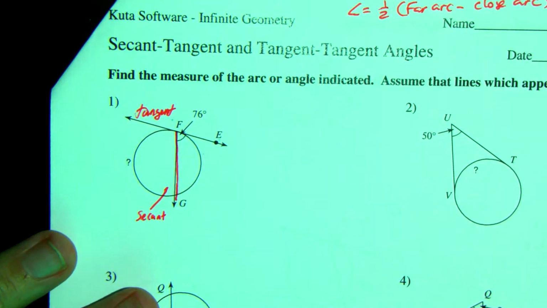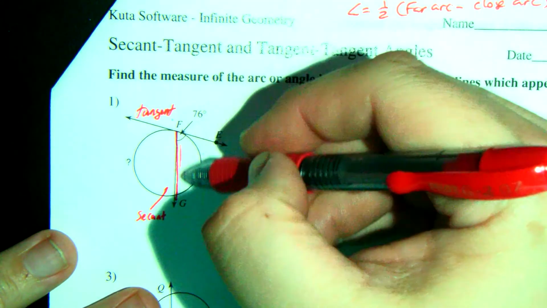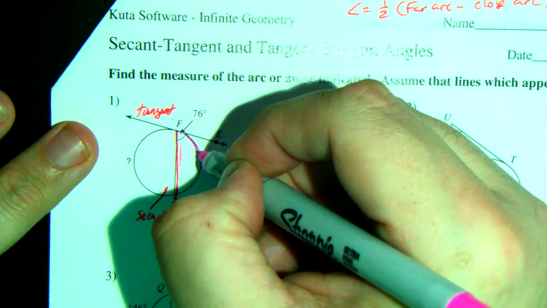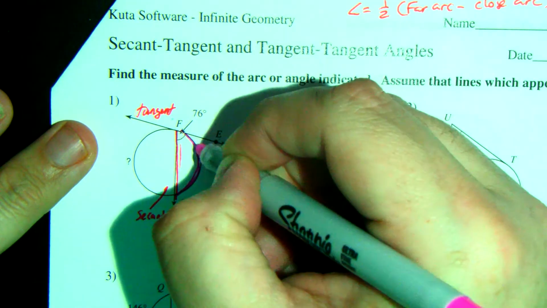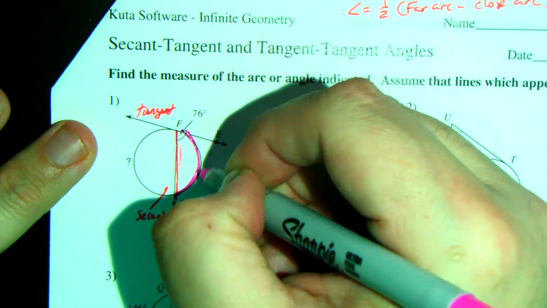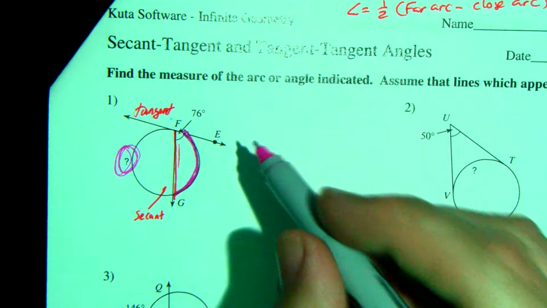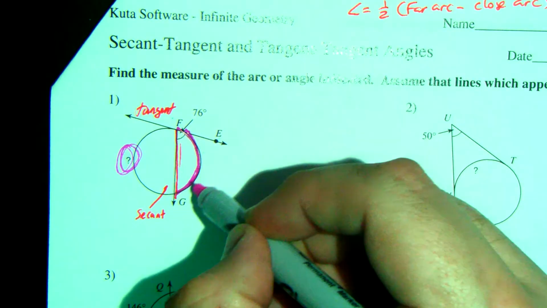Even though it looks like a chord, the arc that you actually are looking for is this arc right here. That's the arc that you're looking for. Now, this is what we want. But the arc that you're actually going to calculate for is the arc that's in the angle, because the arc and the angle are both together in that case.